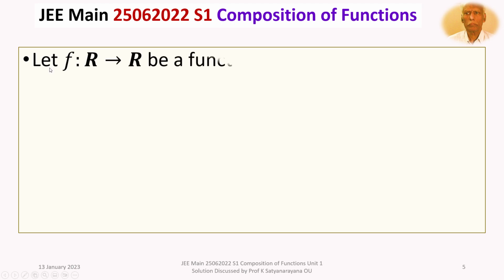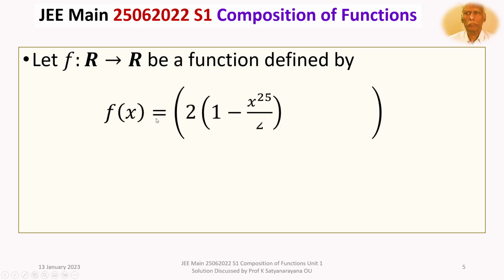The given problem is: let f be a function from the set of real numbers into itself defined by f of x is equal to, in brackets, 2 into 1 minus x to the power of 25 by 2 into 2 plus x to the power of 25, whole to the power of 1 by 50.